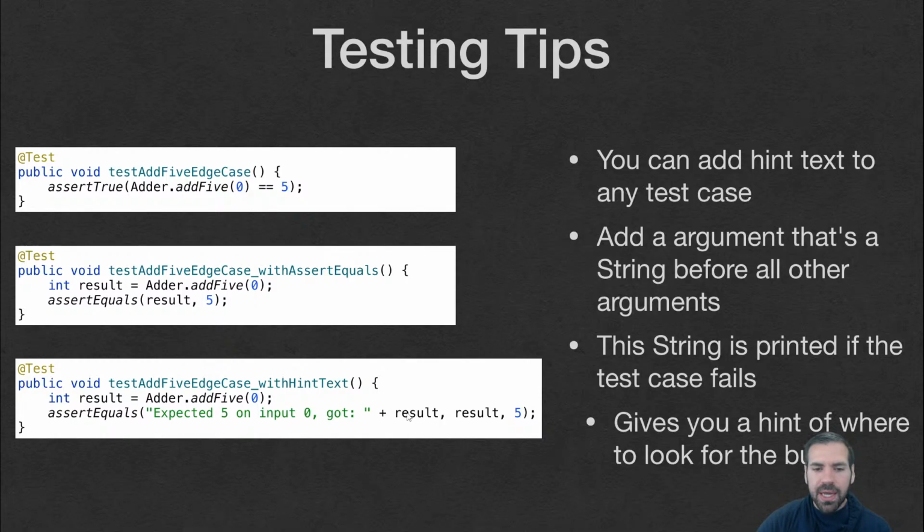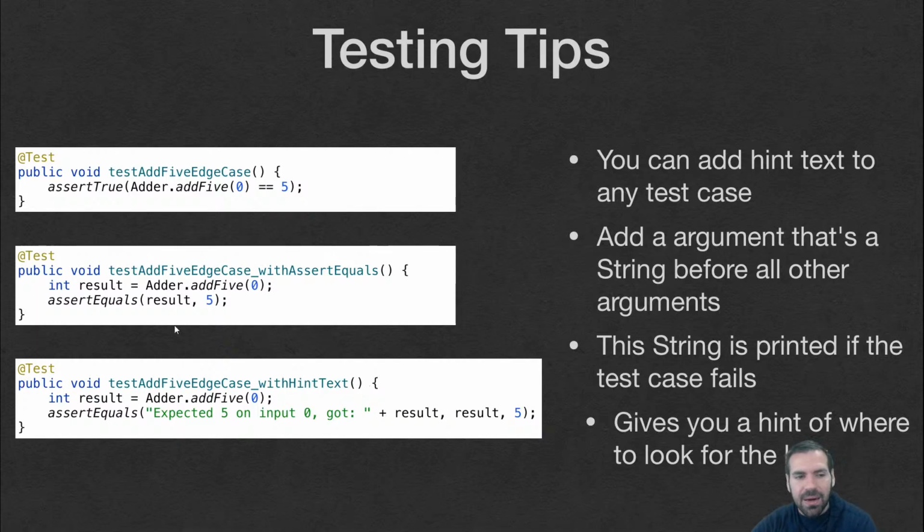This string is going to be printed to the screen if the assert fails. So this is still asserting that result equals 5. But if the test case fails, it's going to print 'expected 5 on input 0, got result.' It's going to print that to the screen as your hint text. That's your first hint as to what the bug might be.